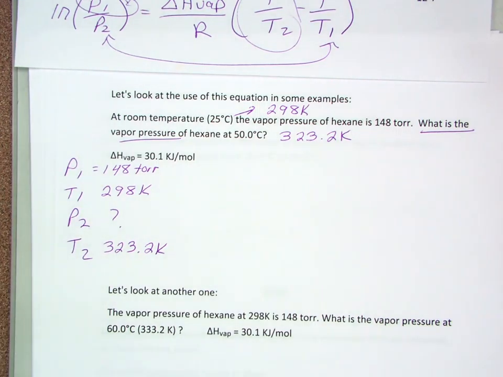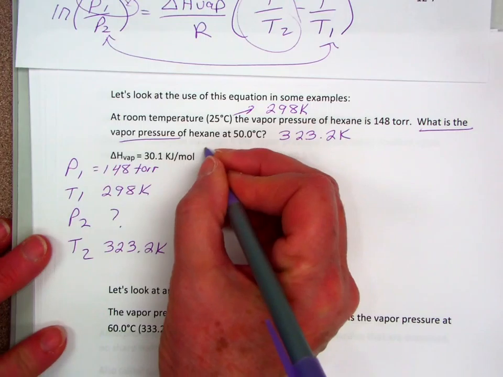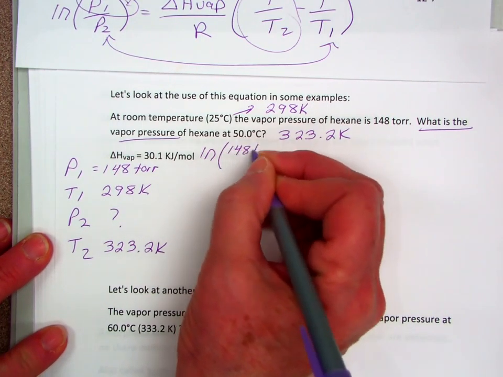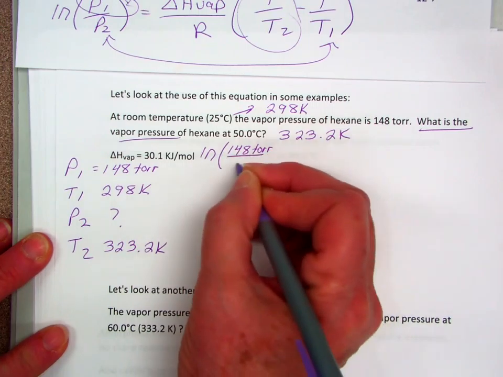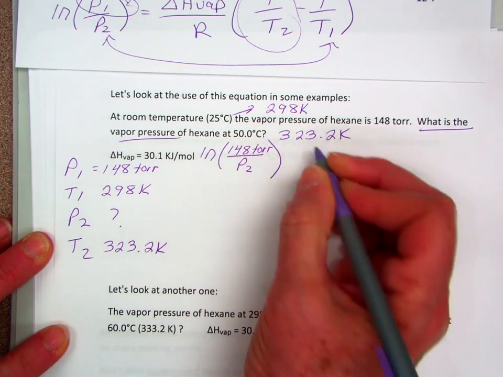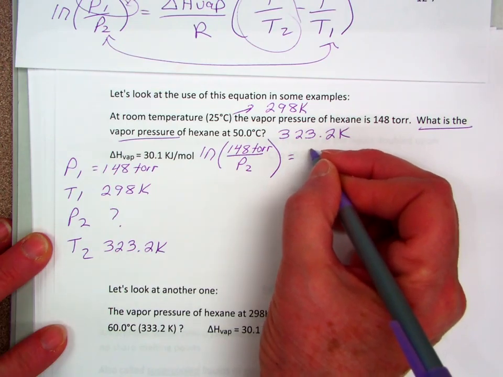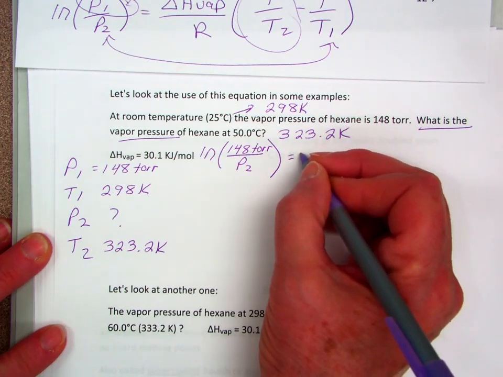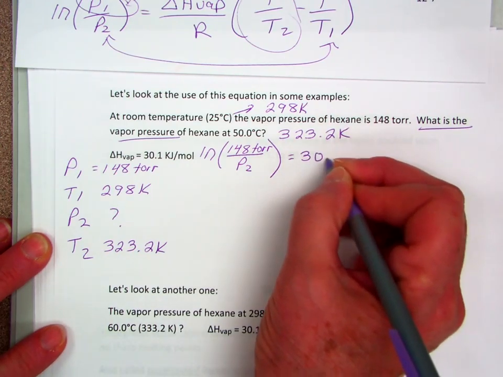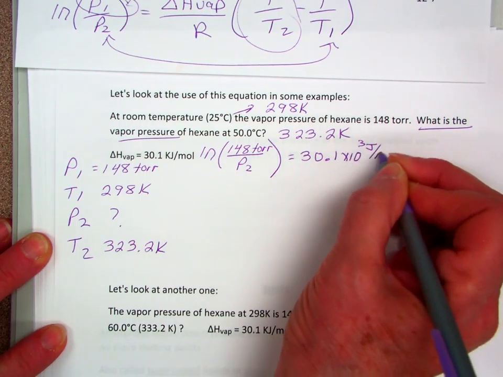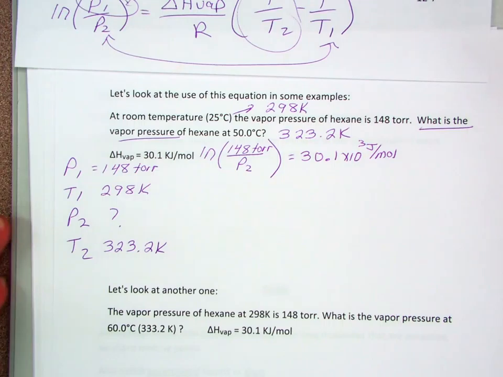So once we've identified our variables, we can go ahead and plug them in. We know the natural log of P1, 148 torr, over P2, our unknown, is equal to the enthalpy of vaporization. Now this was given to me in kilojoules, but I'm going to switch it to joules: 30.1 times 10 to the third joules per mole. All I did was put it in exponential notation.